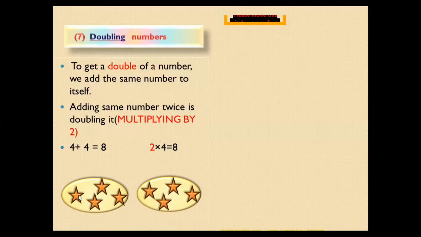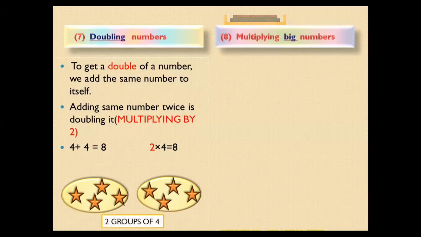Each group has 4. So we can write 4 plus 4 as 2 by 4 because we have two groups, and each group has 4 elements. Here number 4 is doubled, and doubling means that we multiply this number by 2.